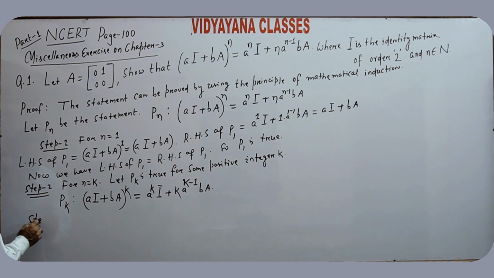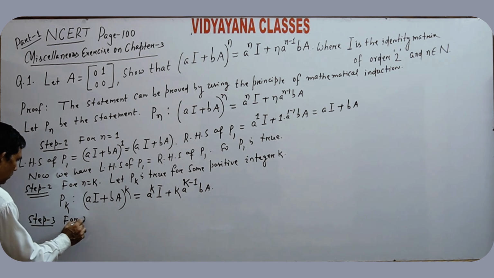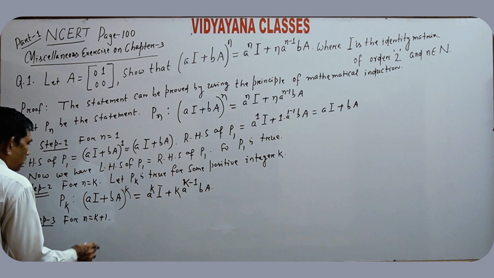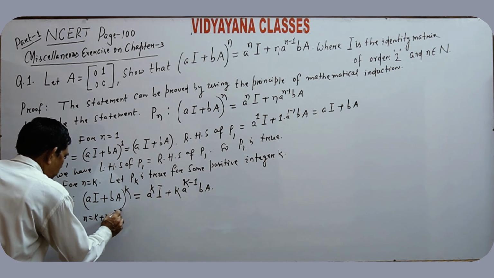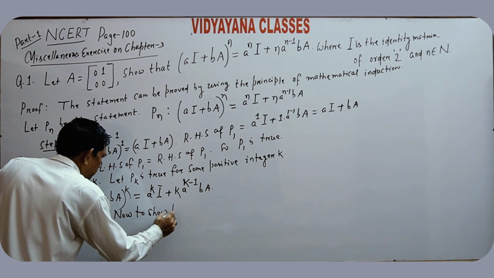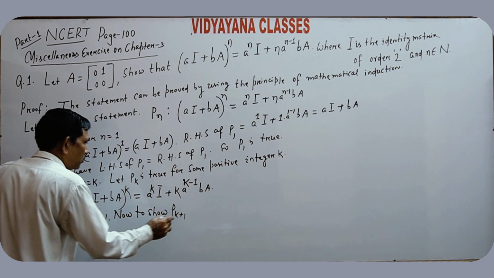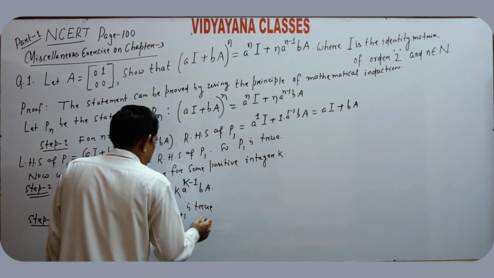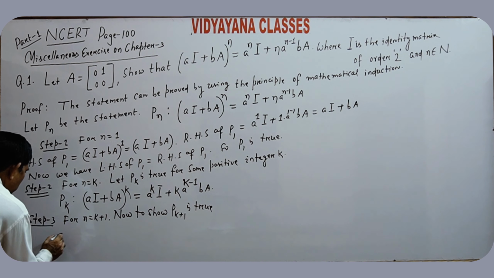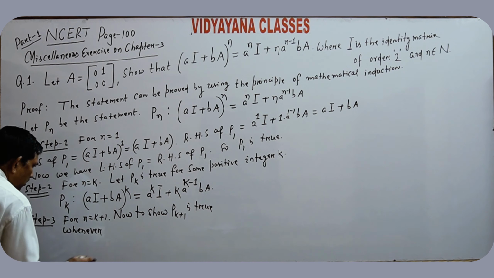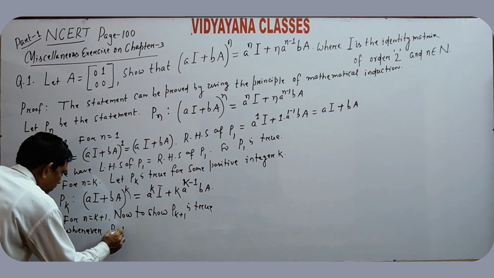Step 3. For n is equal to k plus 1. Now, to show P(k plus 1) is true whenever P(k) is true.